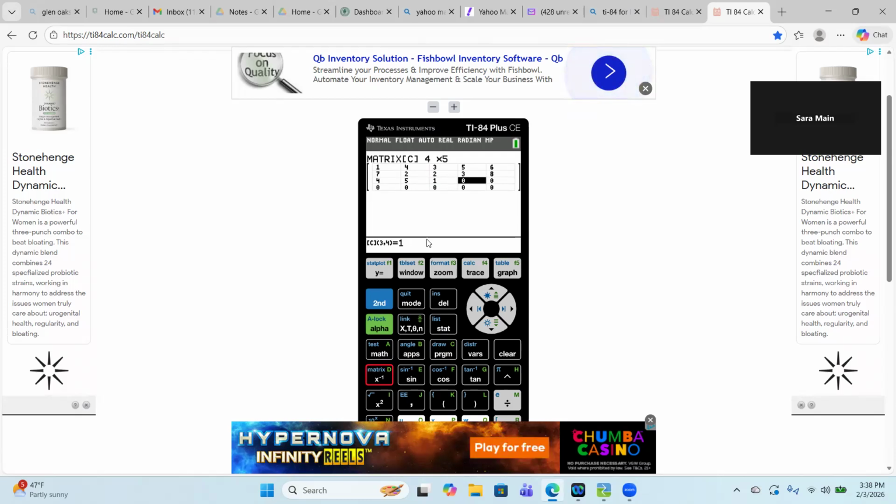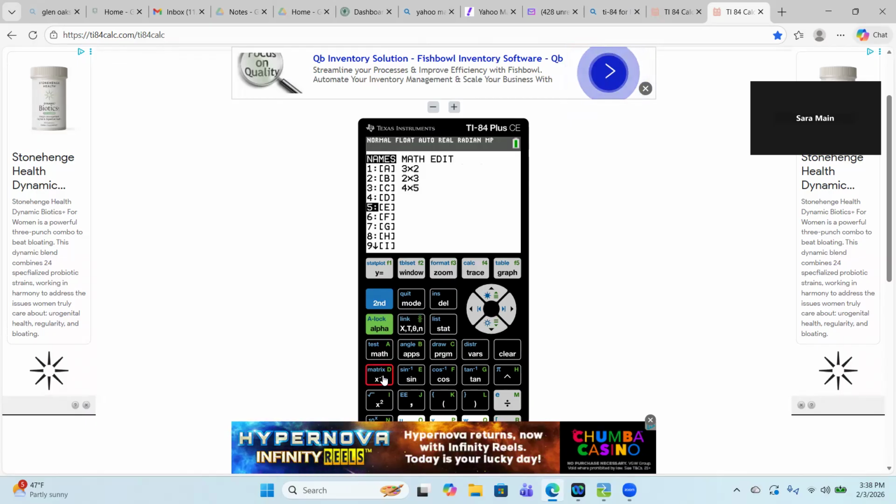My fingers were going too fast for the computer. Quit out there and go back, and I'm going to enter the next one in D. Actually, you want to edit D, and this one is a 5 by 2.